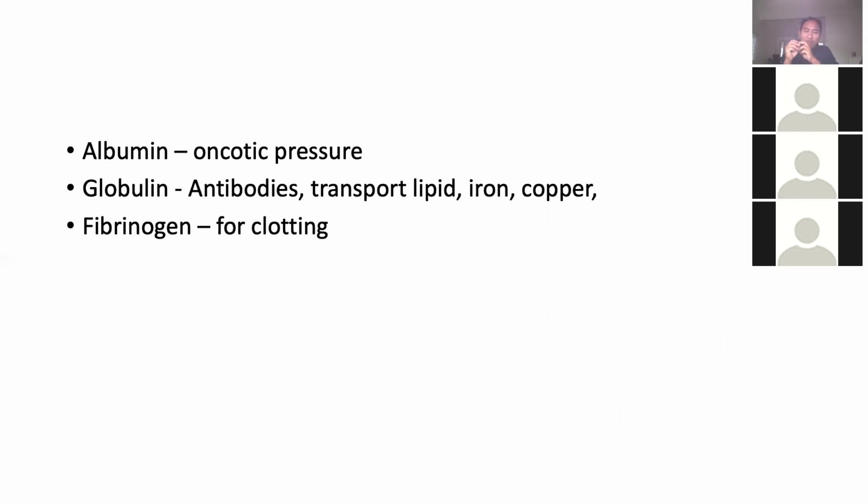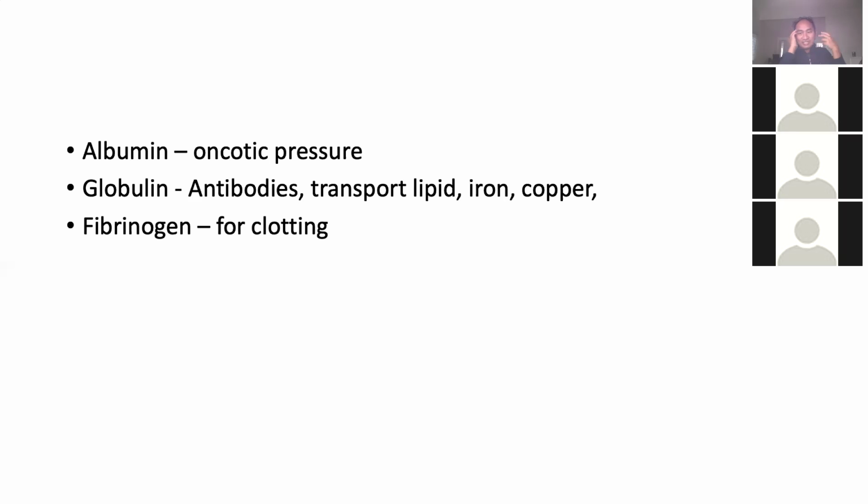Which means if we have low albumin, the blood cannot contain water with it, and the fluid will seep out into the surrounding cells at the capillary level. So that is what we call edema. So with a low albumin level, a patient can have edema, tissue edema.